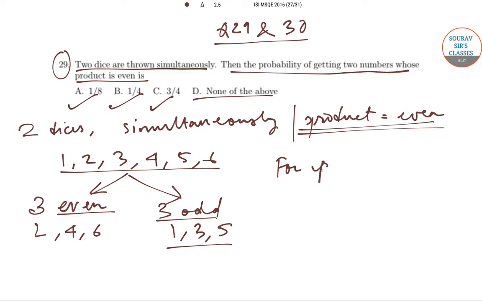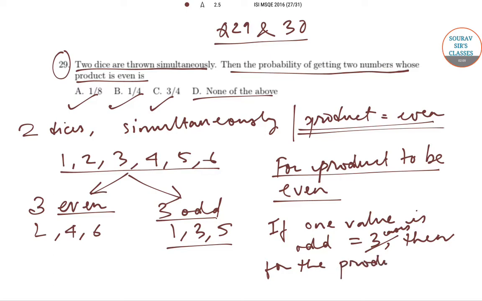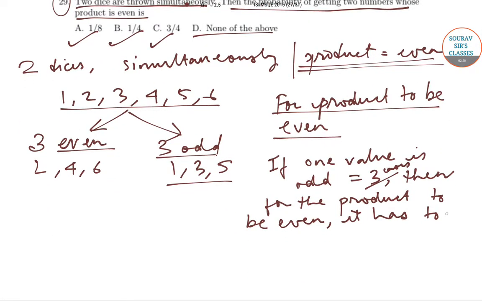for the product to be even, if one value is odd, that means there are 3 cases, then for the product to be even, it has to be multiplied by an even number.